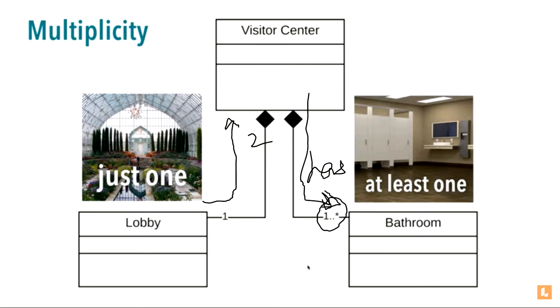For example, if I want to read this, I will read it as visitor center has 1 or more than one bathroom. If I want to read this two, only two is written here, so I will read from here: lobby has two visitor centers. This is how you have to read. This is how the statements will be given in the question, and you have to draw this diagram.